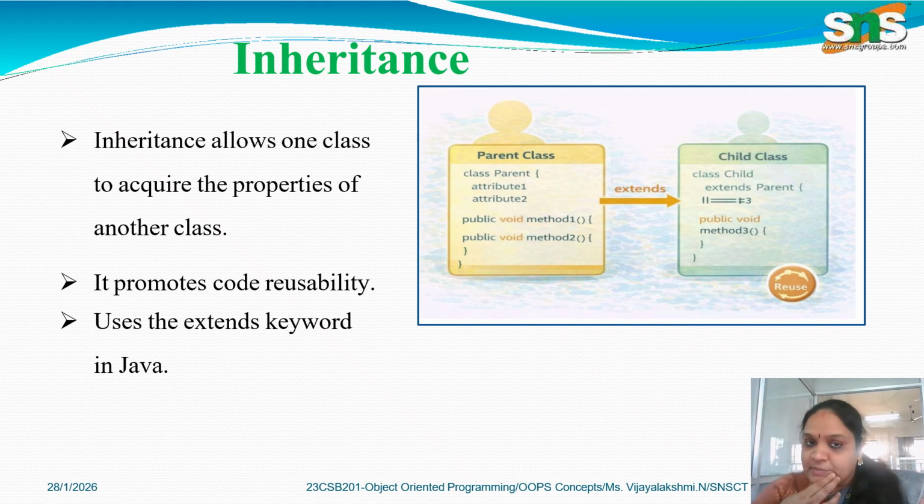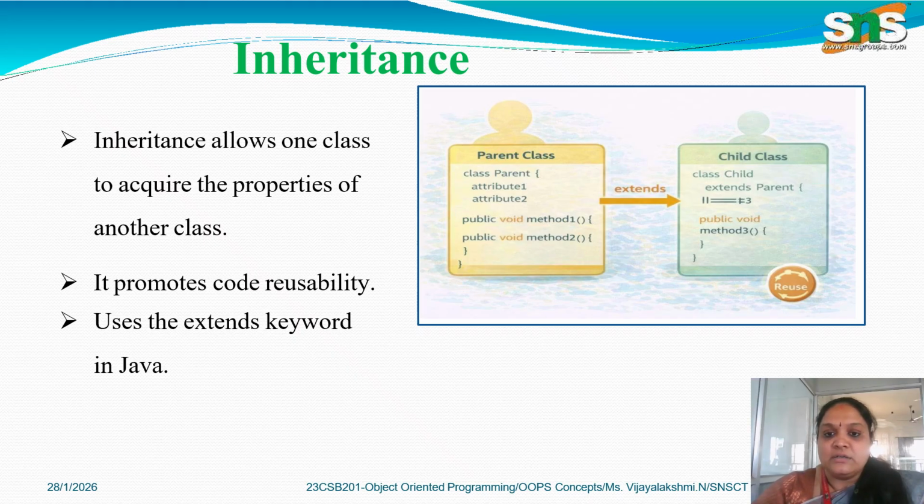The next concept is inheritance. Inheritance allows one class to acquire the properties of another class. You have a base class, and the subclass can inherit n number of properties from the base class. It promotes code reusability and uses the keyword extends. In the diagram, they have given a parent class which is extended by the child class.